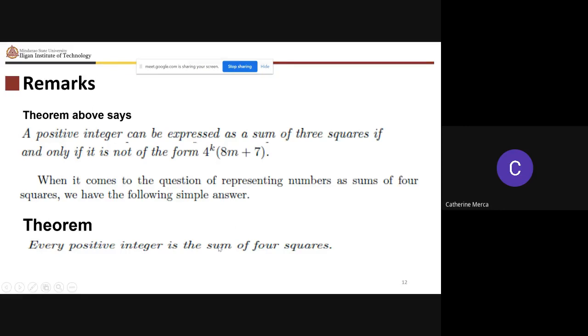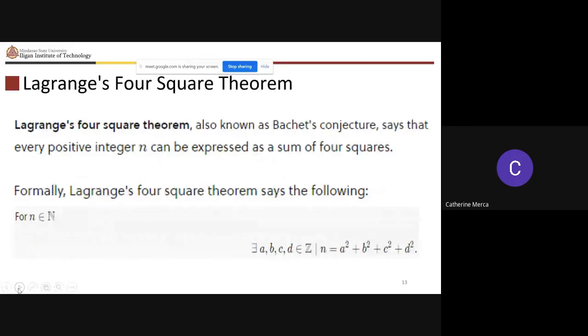Now, how about sum of four squares? Ang sum of four squares, this is very trivial. It says every positive integer is the sum of four squares. So we had criteria for sum of two squares, sum of three squares, and this time it says that every positive integer is the sum of four squares.